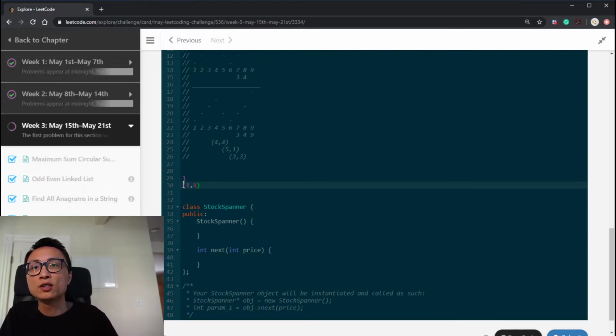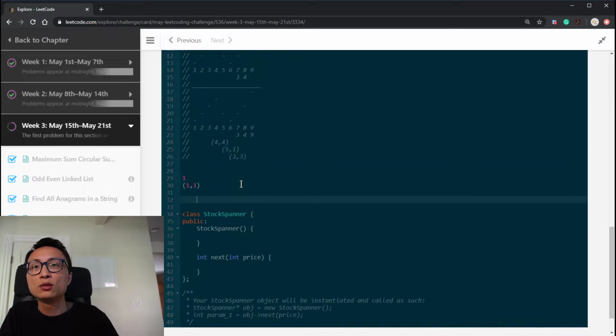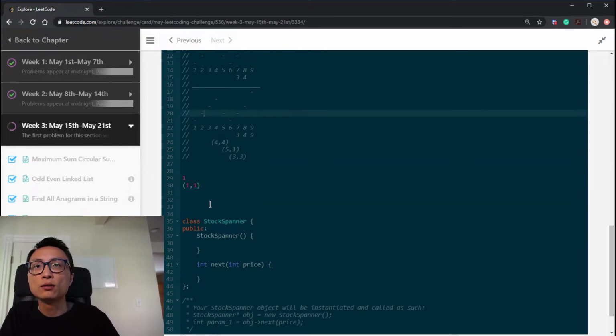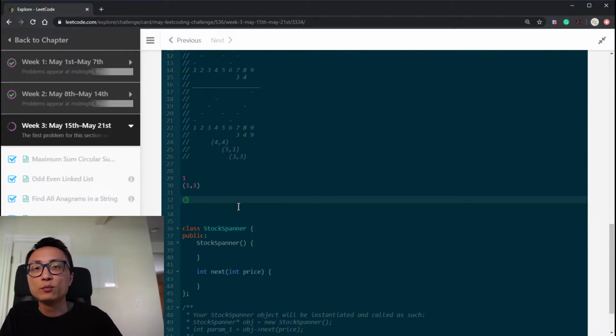That's the current span. Then when day 2 comes in, which has a value of 2, we pop this out and store 2 in there, because on day 2 the price is 2 and the current span for that is 2.